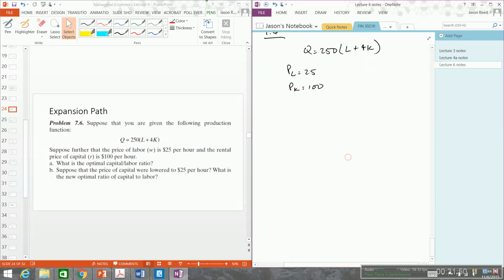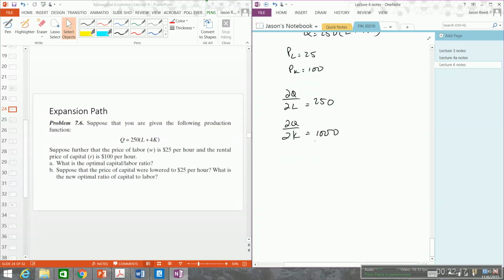So what we could start doing again is creating our equality between the marginal product of capital and marginal product of labor. So we'll take our partial derivative with respect to L, we get 250, and then we can essentially have our marginal product with respect to capital, and so we should get 1,000.